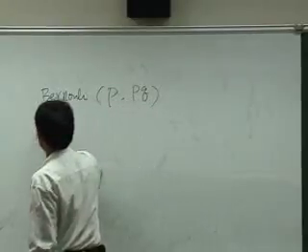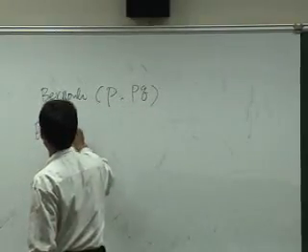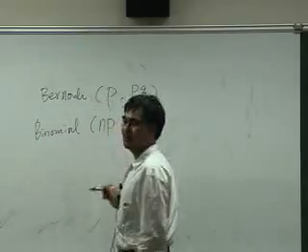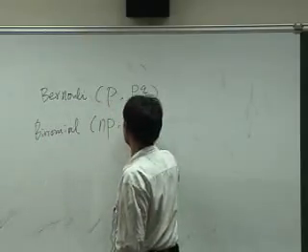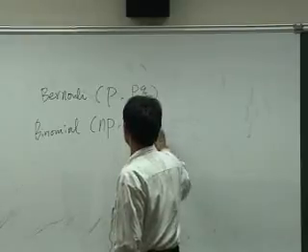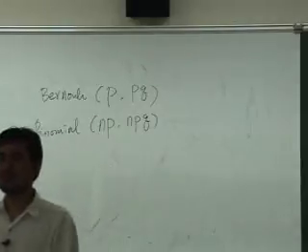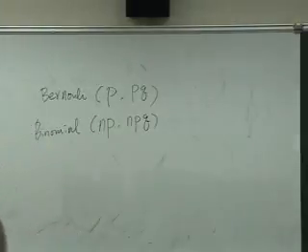For binomial, the mean is equal to NP, and the variance is equal to NPQ. Okay? Any questions so far?